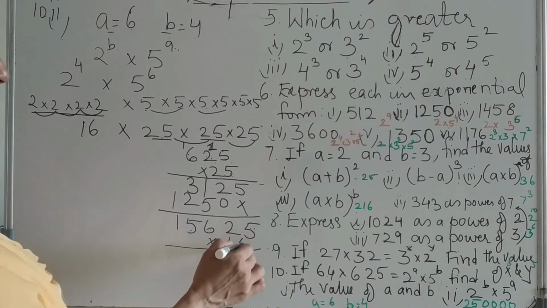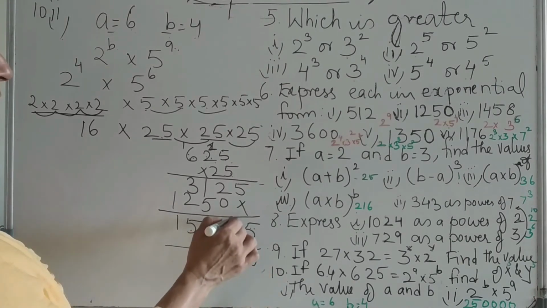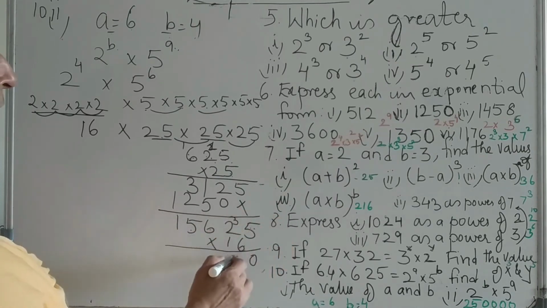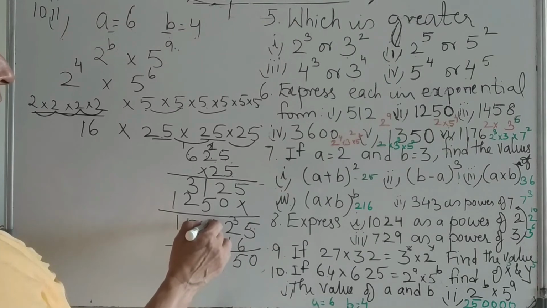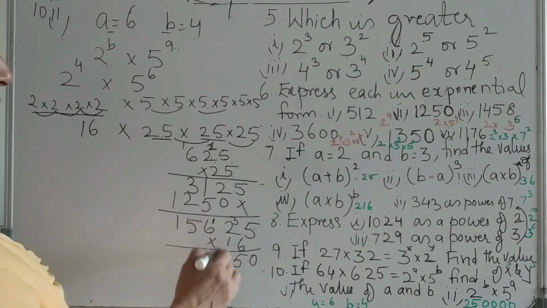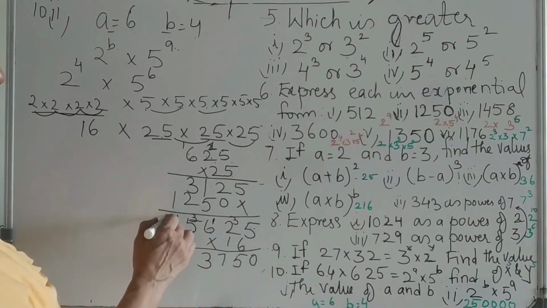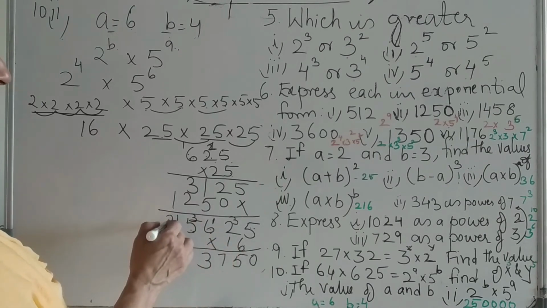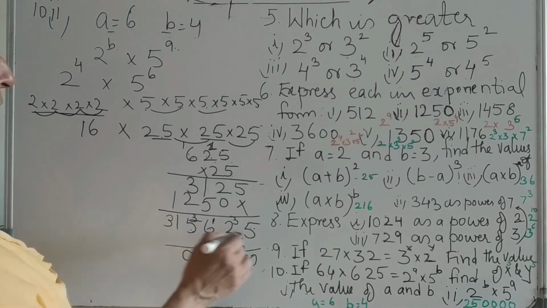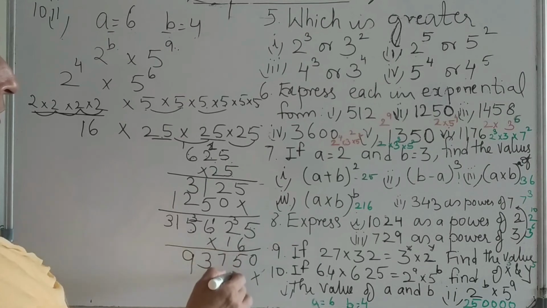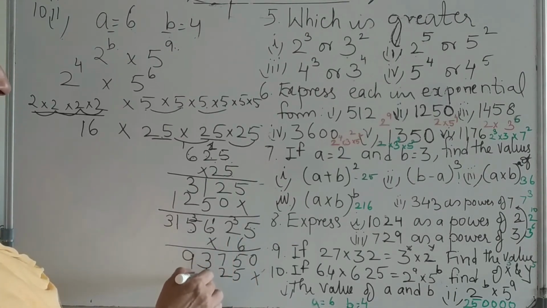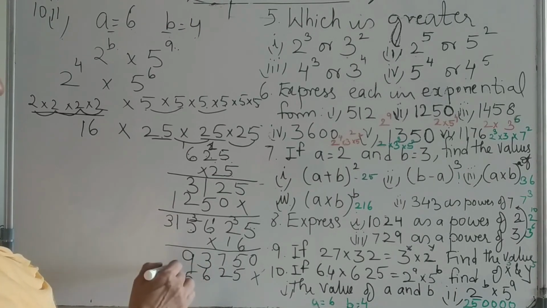6 into 5 is 30, 3 carry, 6 2s are 12, 15, 1 carry, 6 6s are 36, 37, 3 carry, 5 6s are 30, 33, 3 carry, 1 6 is 6, 9. Now 5 1s are 5, 2 1s are 2, 6 1s are 6, 5, 1.